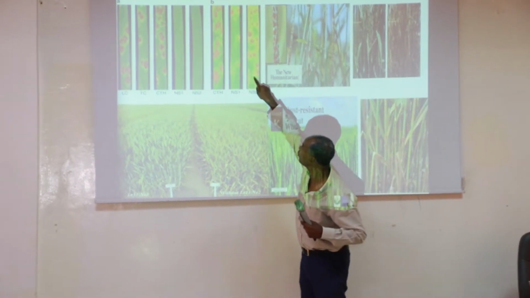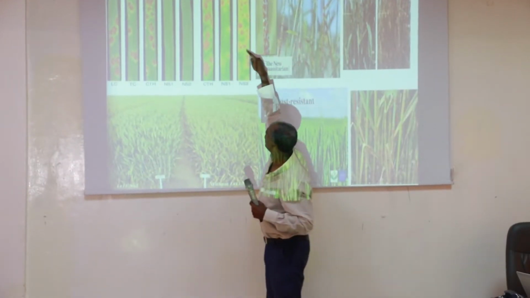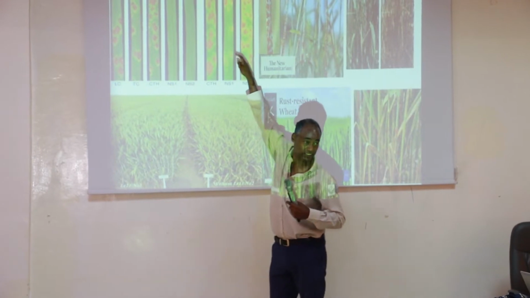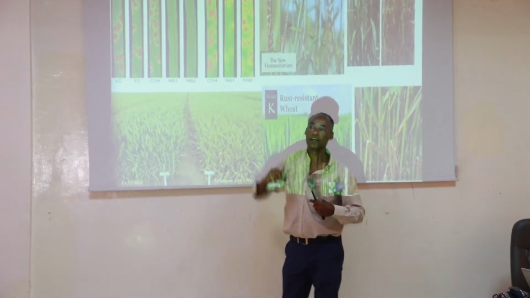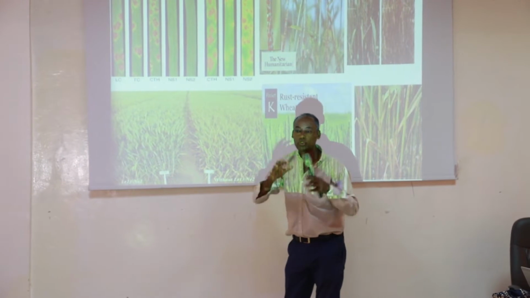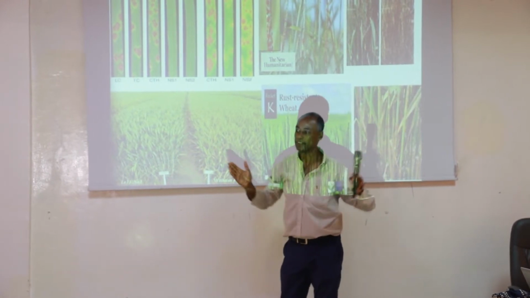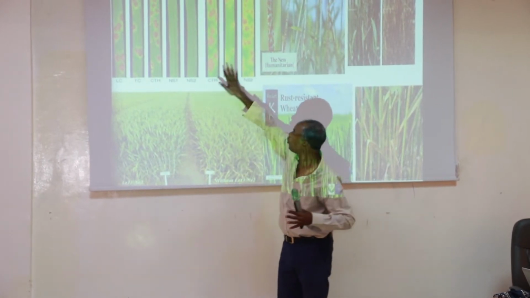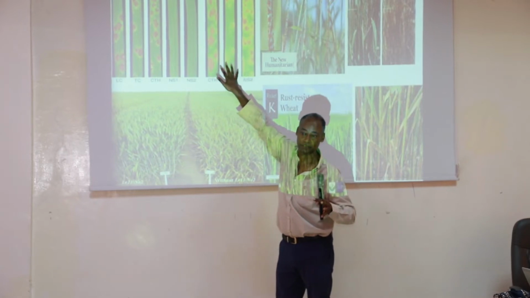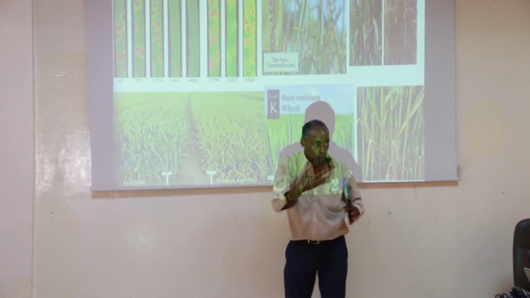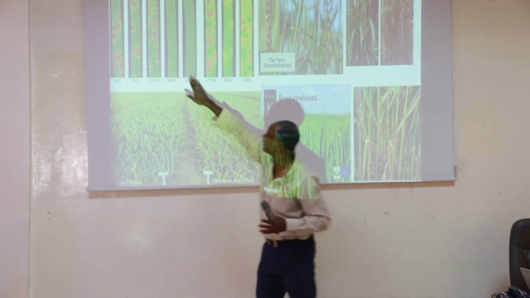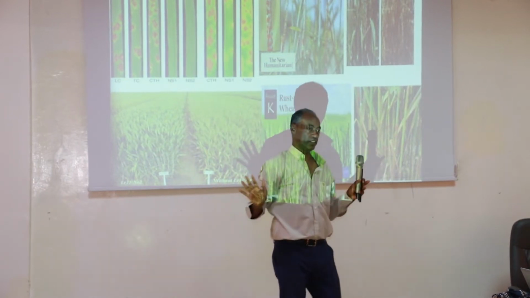These are moderately resistant. You know, the disease is there, but the plant is trying to fight on its own. That's why you see yellow. They surround the disease with yellow color, not to allow the disease to expand. So we call this moderately resistant. When you see a wheat field, if you see like this, the wheat is resistant.